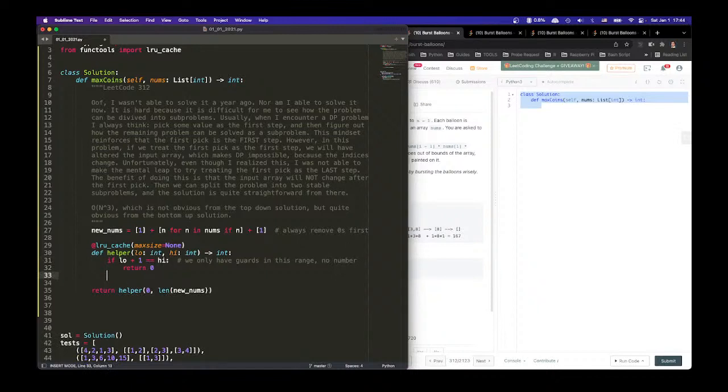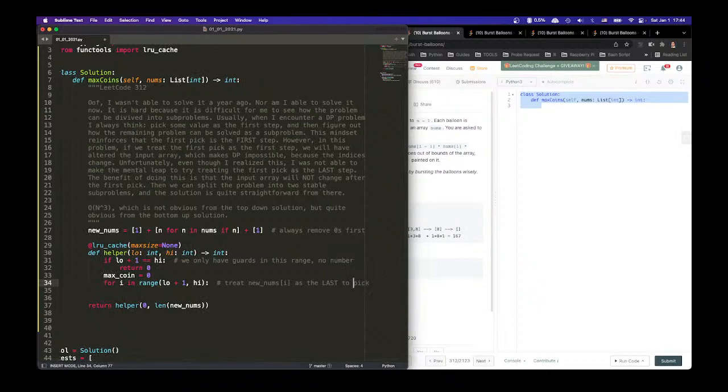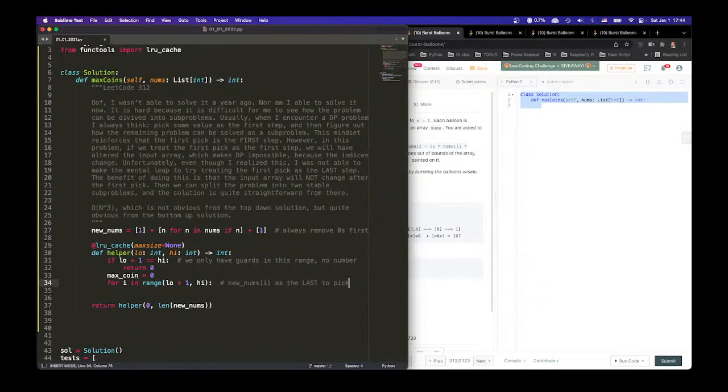Otherwise, we're going to take every single one. We say max coin equals 0. And for i in range from low plus 1 all the way to high, we treat new nums i as the last to pick.